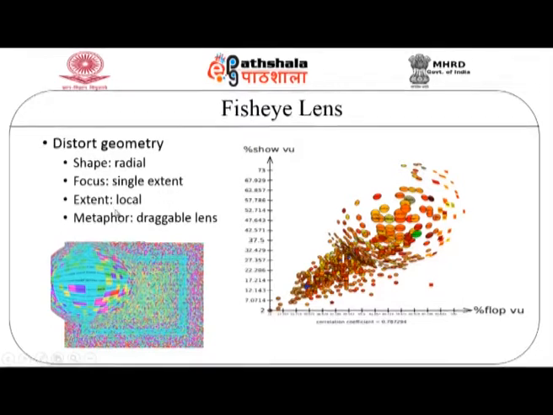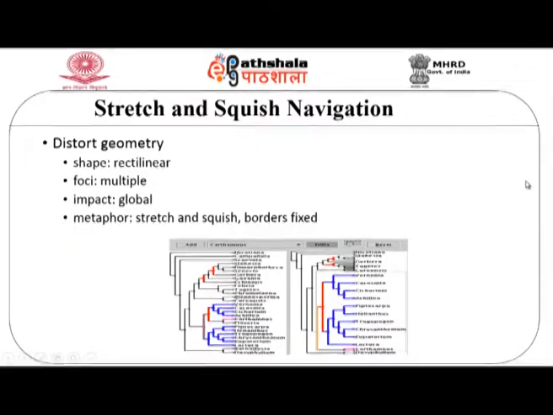The extent is going to be a local extent, and the metaphor is going to be a draggable lens, wherein the lens can be dragged from one position to another. So this shows an example of a fisheye lens. The part where the lens is being placed is the focused part, and the rest of the part is an overview of the context information.